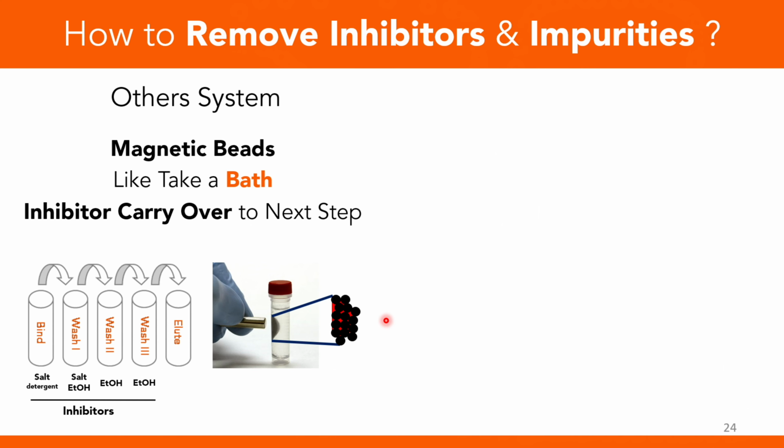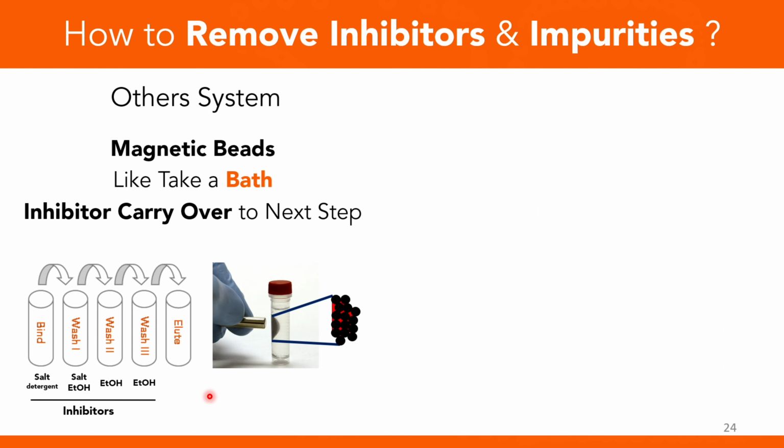And you know, beads are always spherical, so between beads there is some remaining buffer. So the remaining buffer, for example, from binding buffer with very high salt and detergent, will carry over to the wash buffer, then to another wash buffer, and then finally to the eluate.